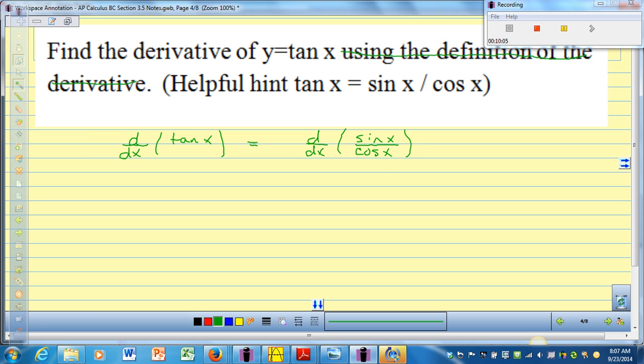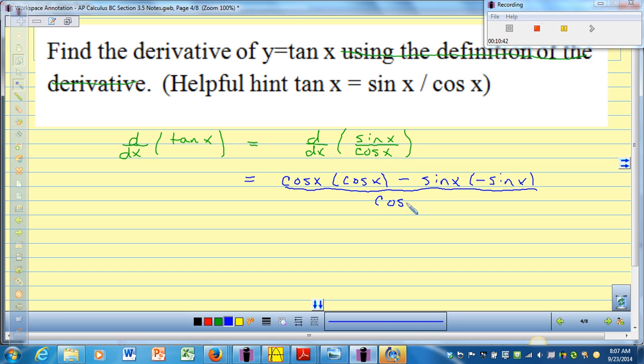So we will use the quotient rule. Low d high minus high d low, over the denominator squared. Oh boy.